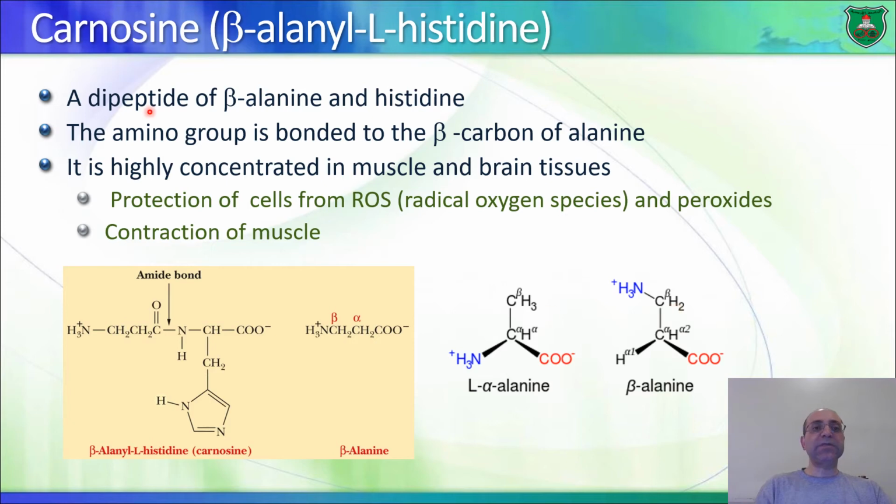So this is carnosine. Now this carnosine is important in muscles and in brain tissues as well, whereby it protects cells from reactive oxygen species and peroxides, and it plays a role in contraction of muscles as well. So you can look at this structure again. This is how it looks, the beta-alanine-L-histidine right here.